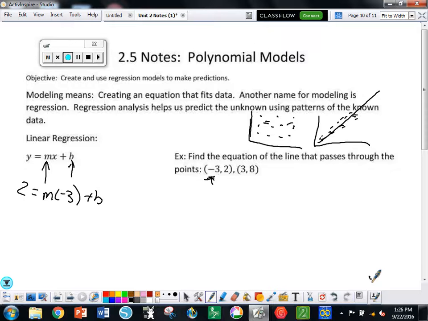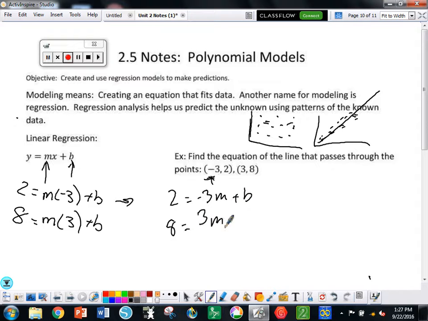So therefore I'm going to plug 3 in for x and 8 in for y. Everybody understand where that came from? Now if I simplify this a little bit, this is 2 equals -3m plus b, 8 equals 3m plus b.